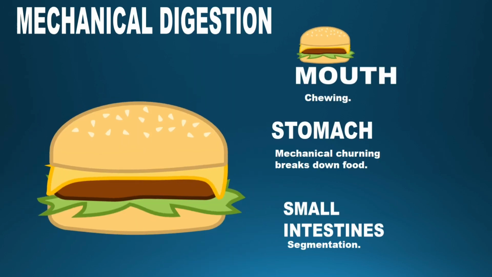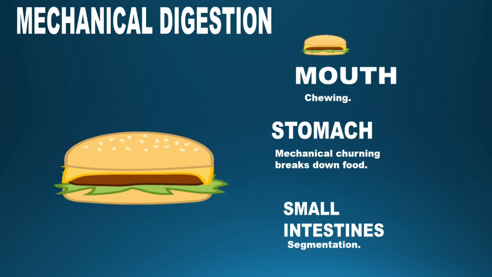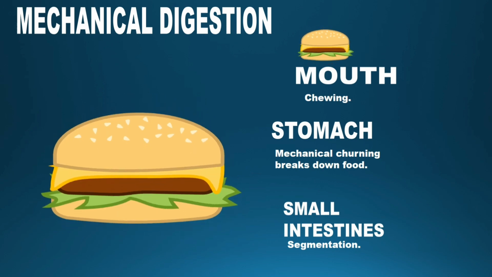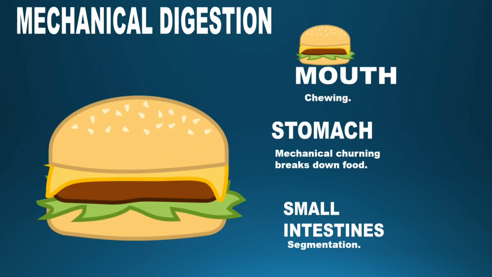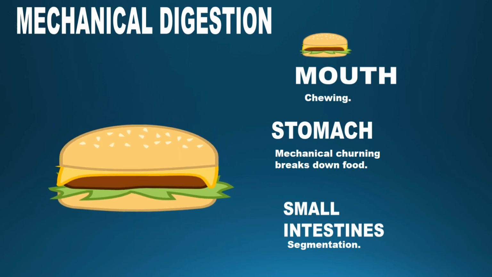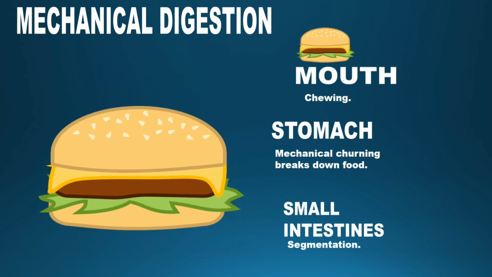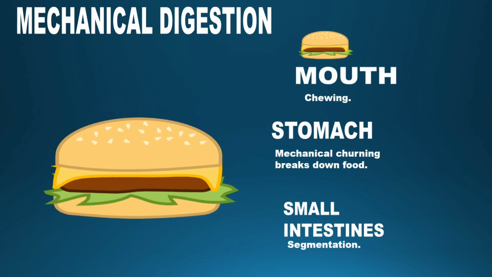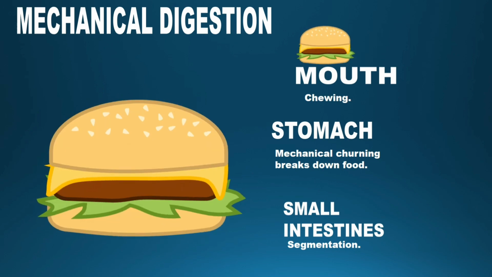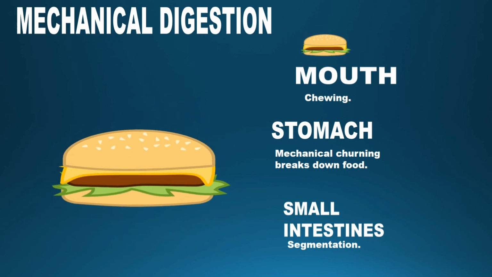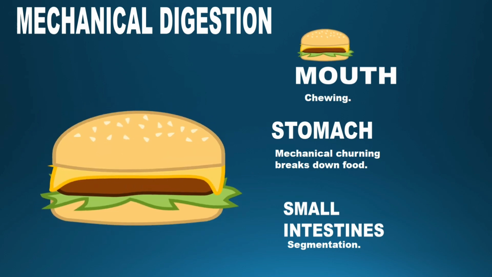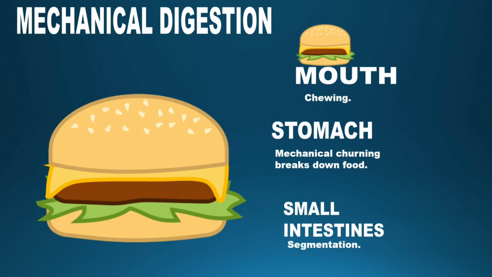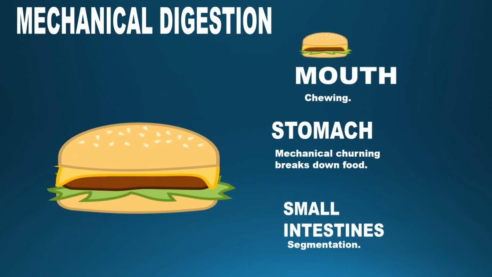Later on, we have mechanical digestion, which is just changing the physical form of the food. It doesn't change the chemical nature whatsoever. The mouth is where this part occurs, because of the chewing, which changes the food.